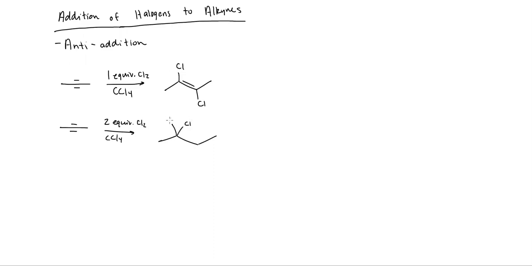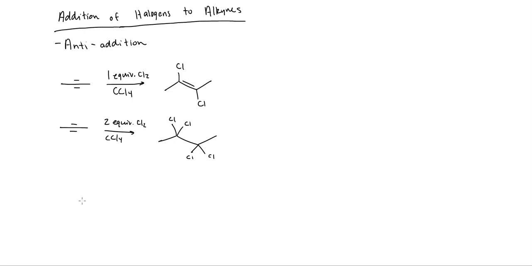So I have two chlorines here, and I have two chlorines here. And that's it. That is as difficult as this reaction gets. I promise. So again, this works with Br2.